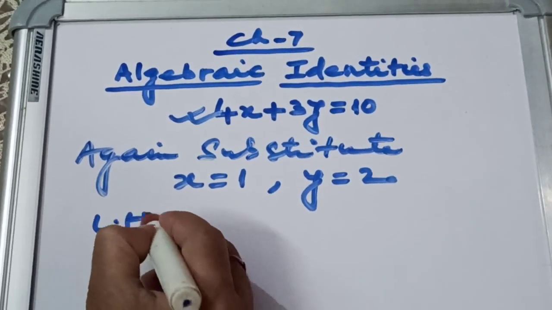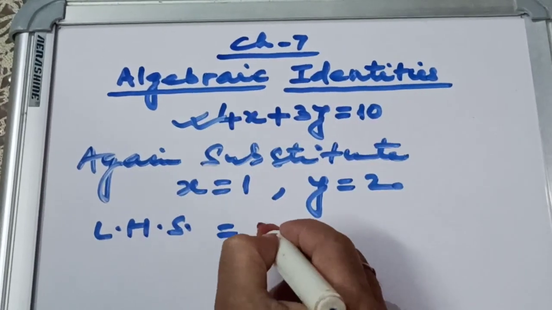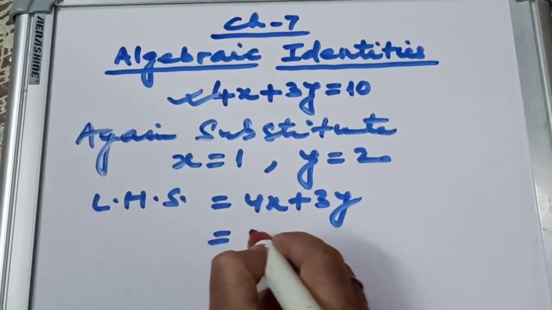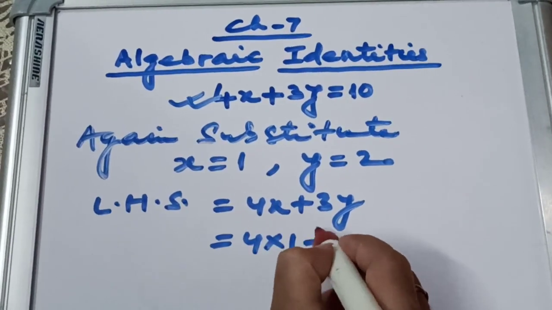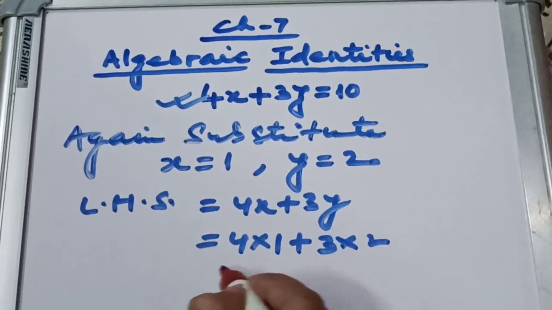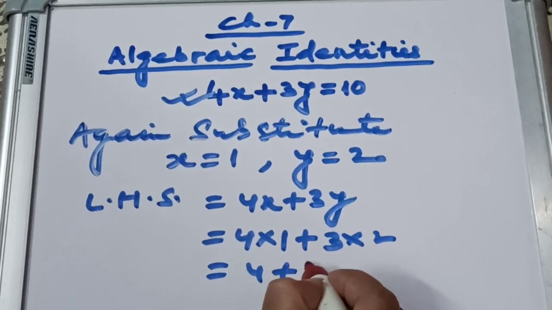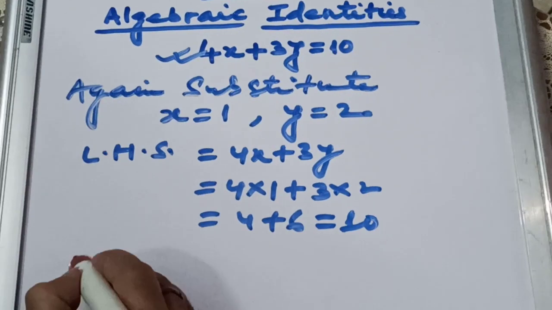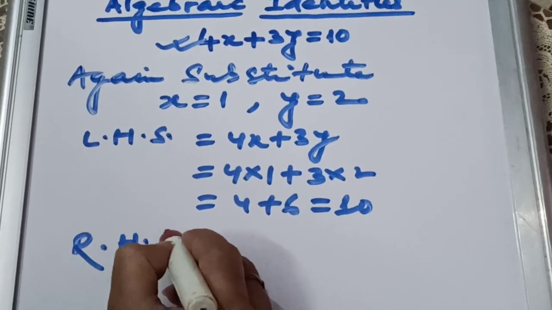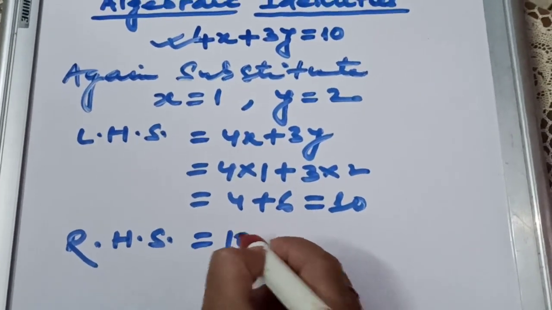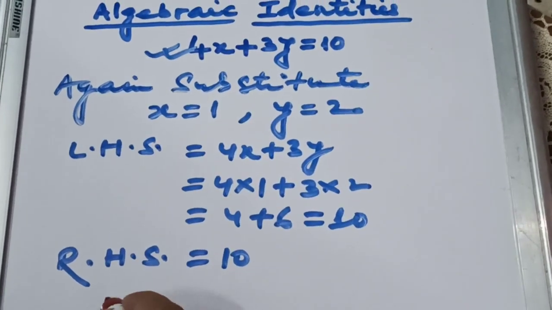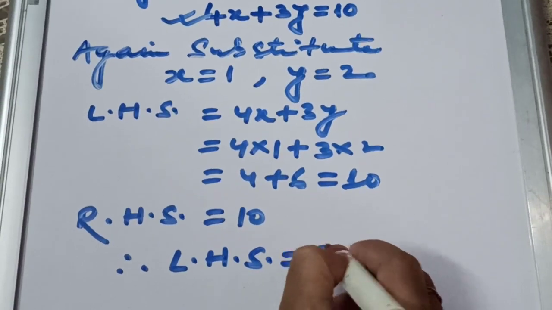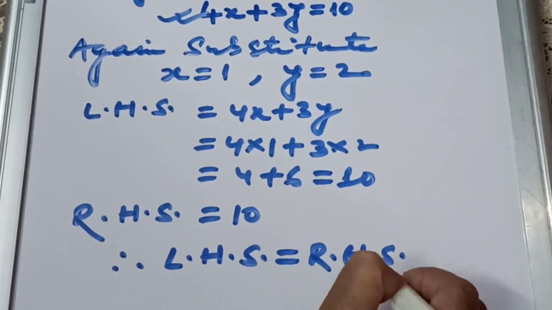We get LHS is equal to 4x plus 3y, 4 into 1 plus 3 into 2. 4 plus 6, it means 10. RHS is also equal to 10. In this case, we see LHS is equal to RHS.